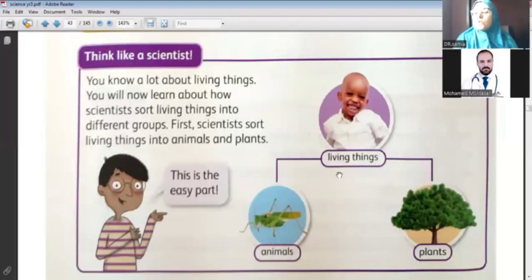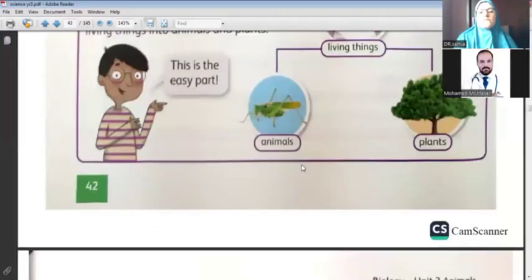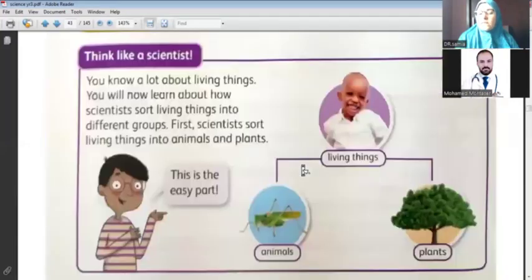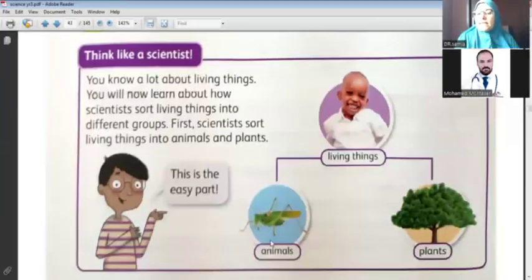So the first grouping that we have made is that we classify living things into the first group, plants, and the second group, animals. Okay, this is the first grouping. We will make other smaller groups from animals, after we sort the living things into plants and animals.